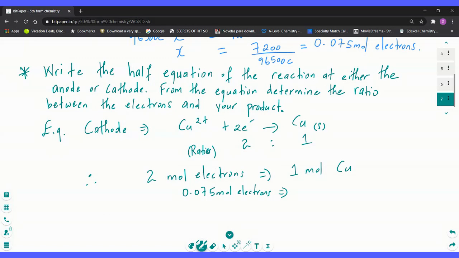How much copper would we get if we need 2 moles of electrons to get 1 mole of copper and we only had 0.075 moles of electrons? This is a time when we are going to do a cross multiplication again. Whenever you make 2 statements like this, your job is to cross multiply. So it's going to be 2 times the X is equal to 1 times the 0.075.